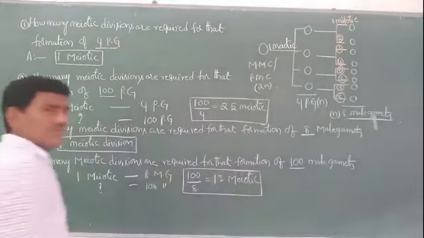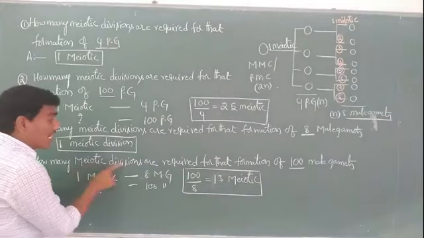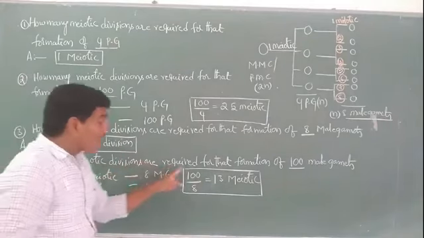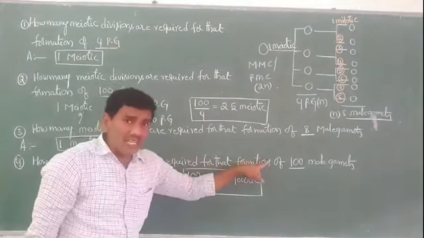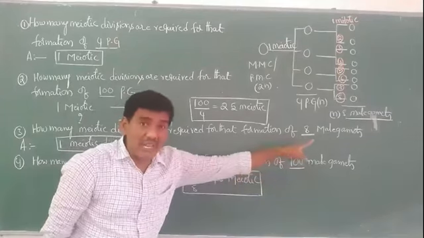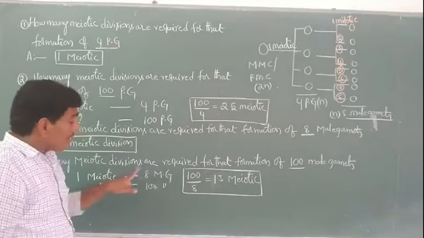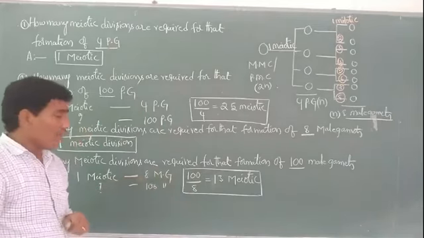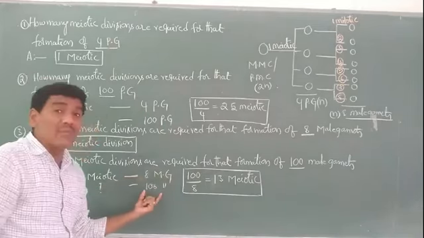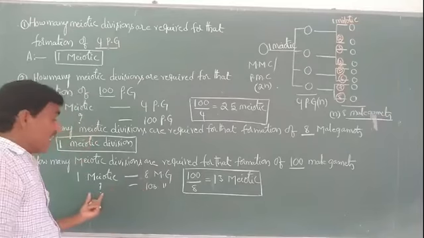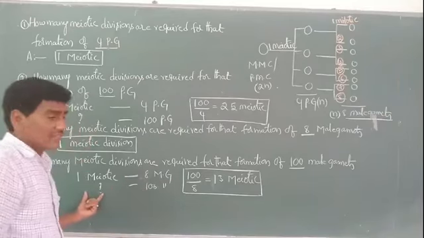Fourth problem: how many meiotic divisions are required for the formation of 100 male gametes? 1 meiotic division gives 8 male gametes.